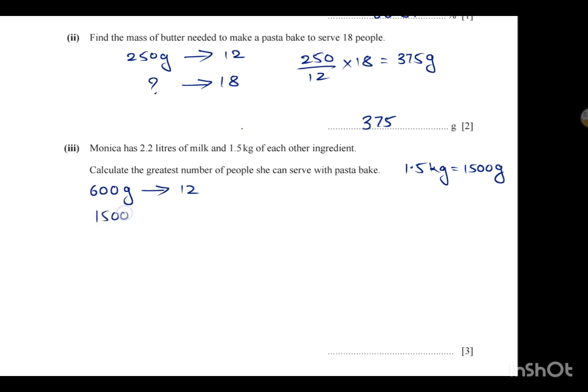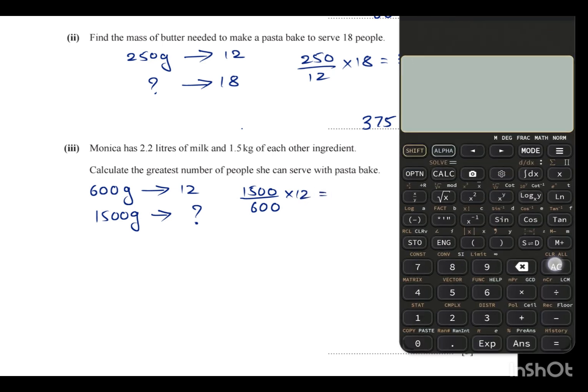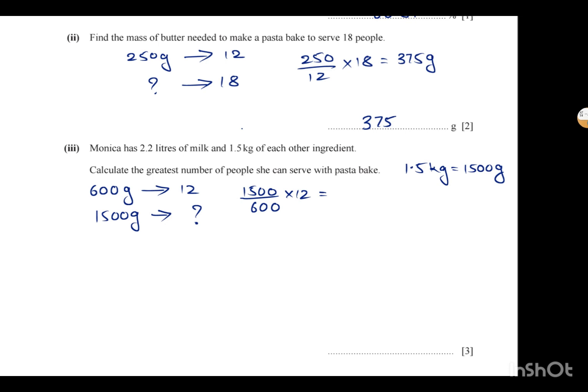So 1500 grams of pasta will serve how many people? Find that out: 1500 by 600 into 12. This will serve 30 people.